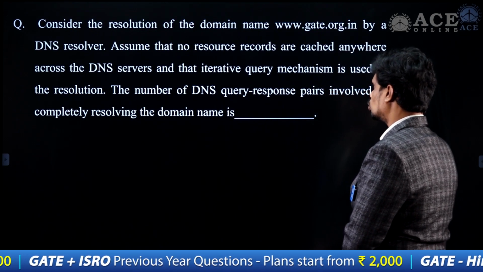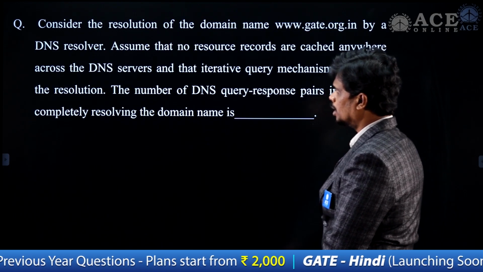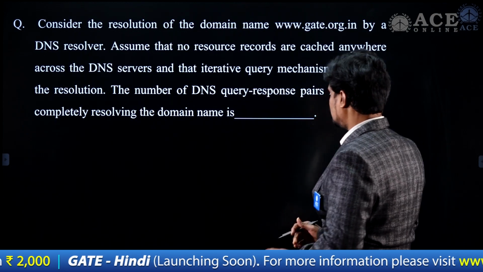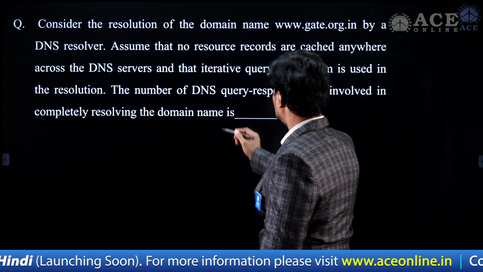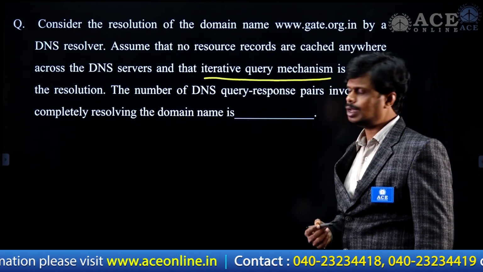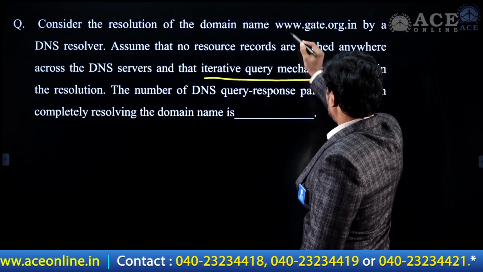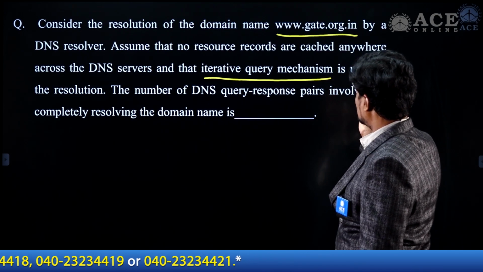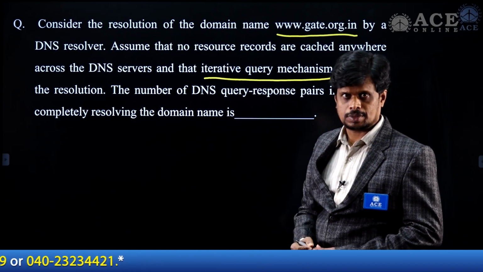The number of DNS query response pairs involved in completely resolving the domain name is. So the first highlighted point is that we are using the iterative query mechanism. And this is the URL address given, www.gate.org.in.